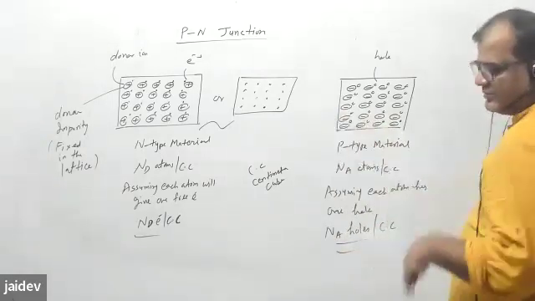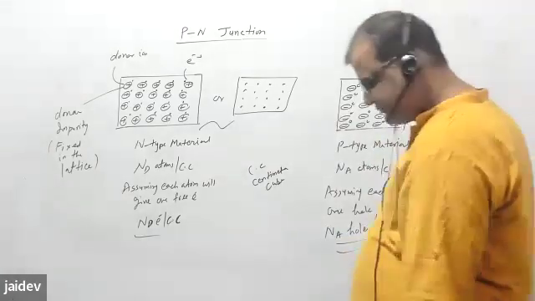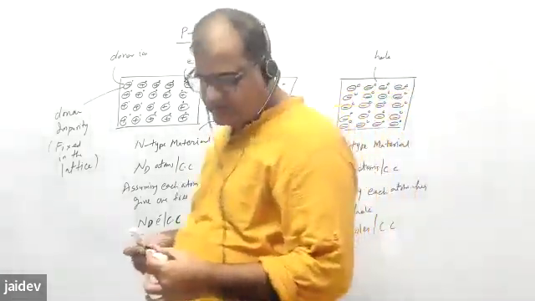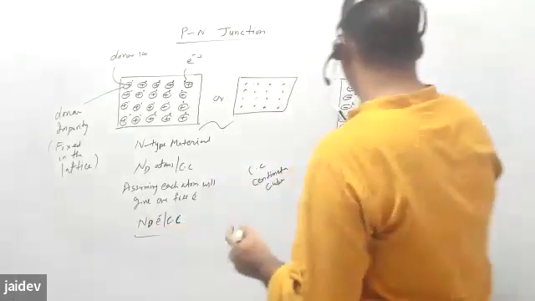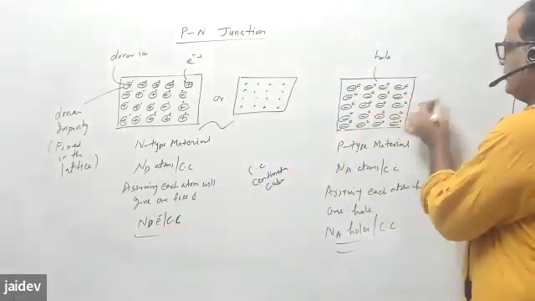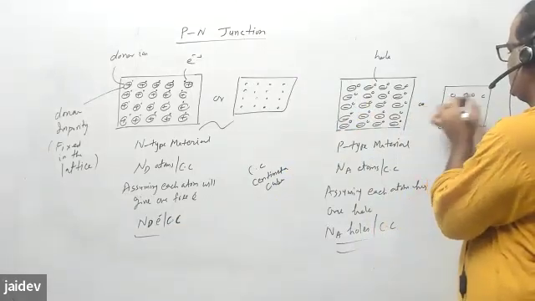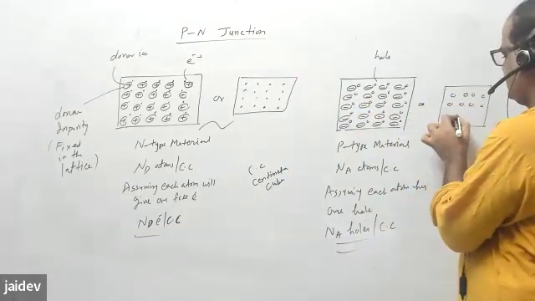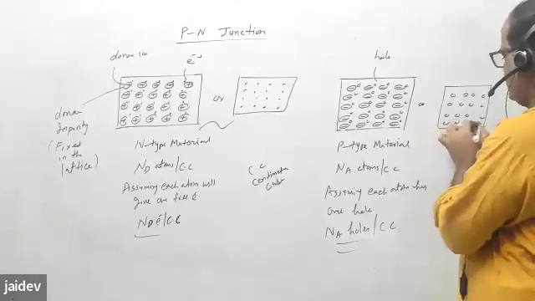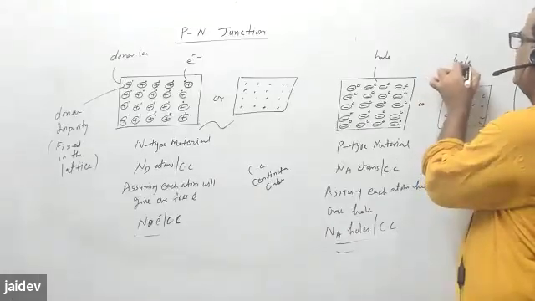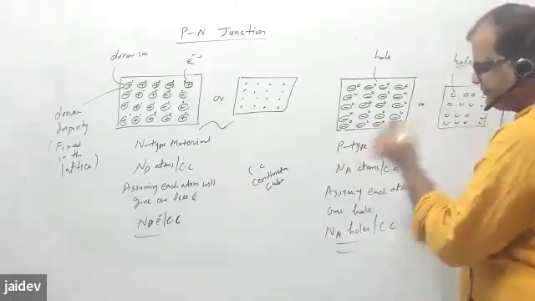Na is the number; we will discuss the numbers later. So this is your schematic. Generally you either draw it like this or you draw it with holes. So these are holes, and this is the p-type material.